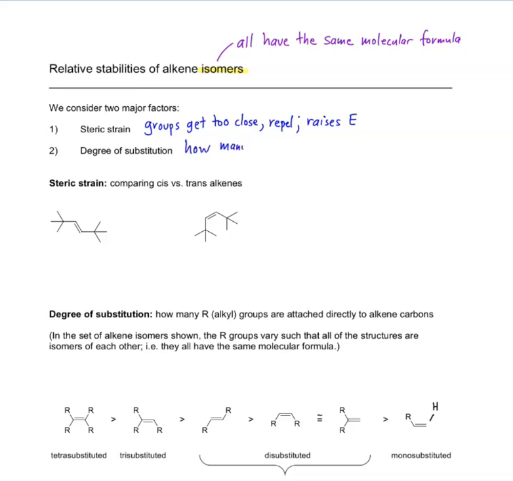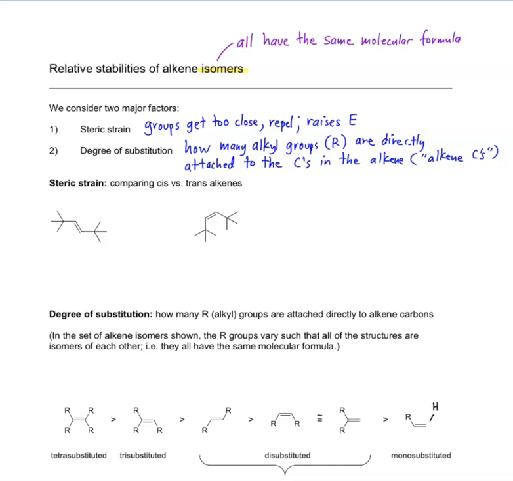So how many alkyl groups, which we can abbreviate as R, are directly attached to the carbons in the double bond. So we'll call those alkene carbons.